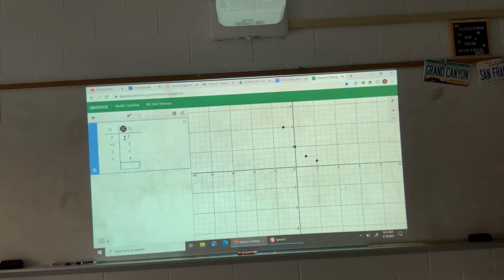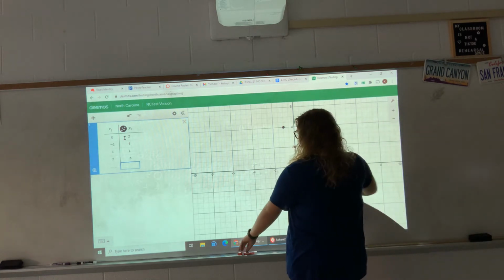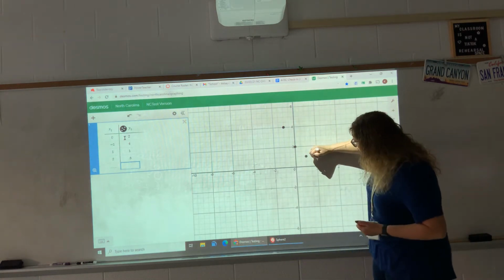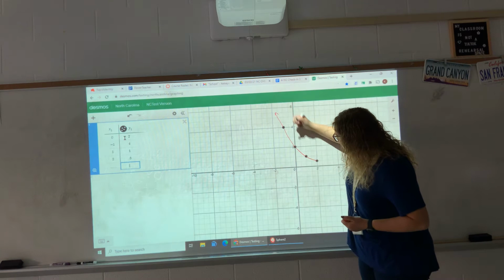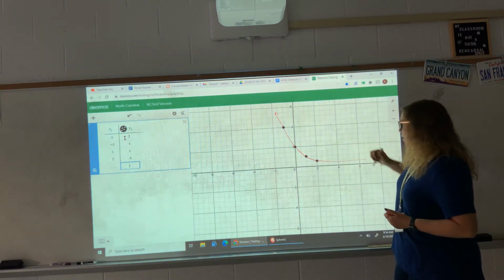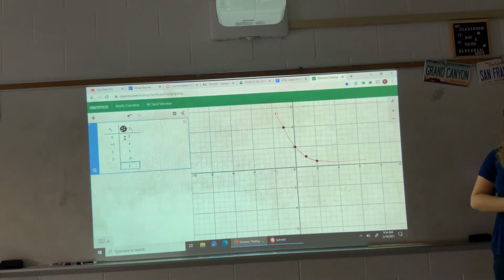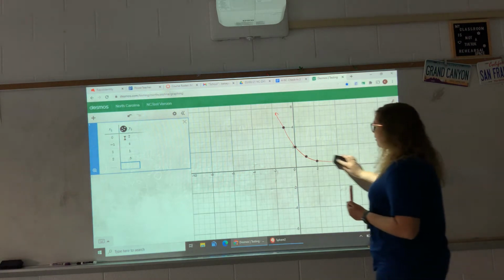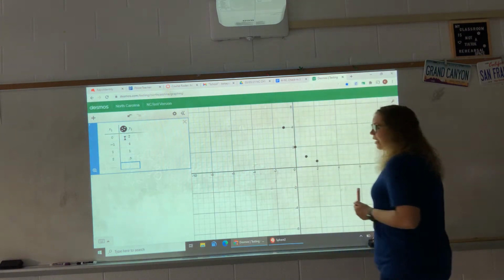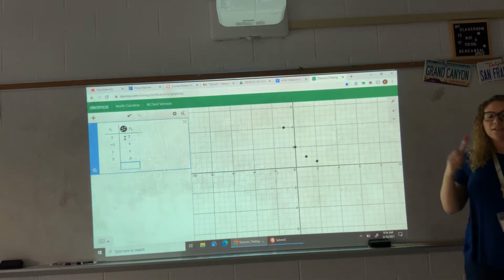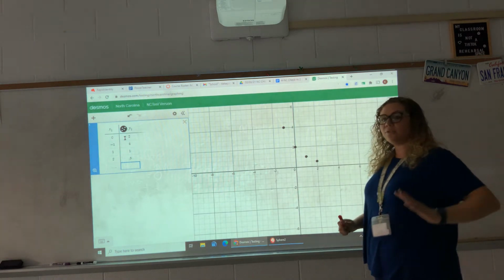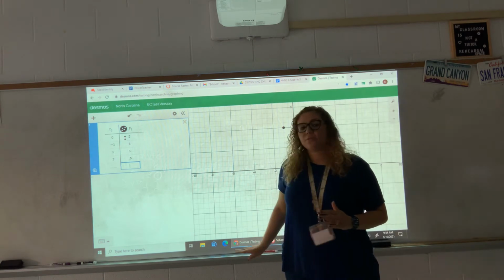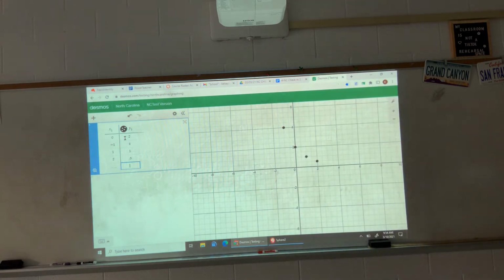You can kind of see that this is going to be an exponential one. If I were to trace these, it's exponential. So that's the first kind of problem you can see. They're going to give you points, and you have to tell me if it's quadratic, which is a U, exponential, which is a curve, or linear, which is a straight line. And Desmos will give you that easily.